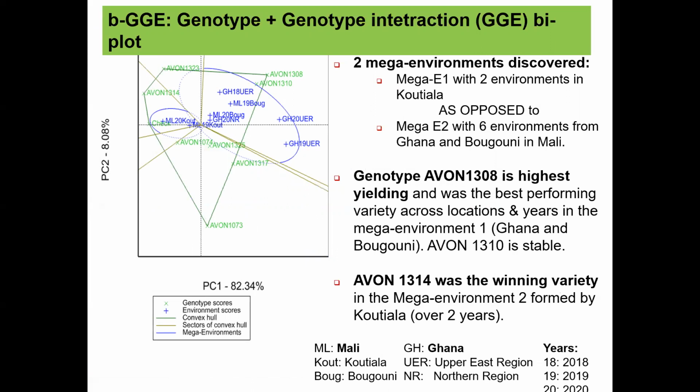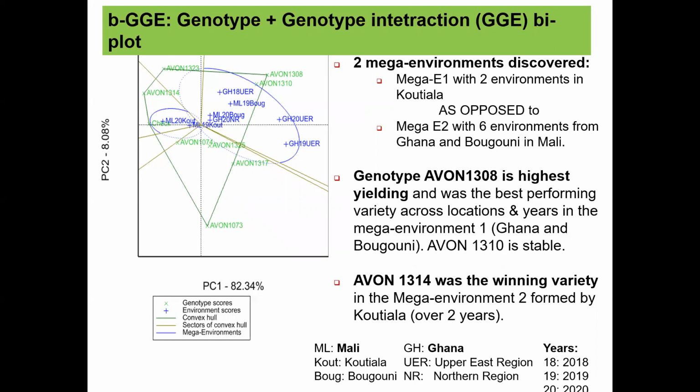The first mega environment was that including Koutiala, as opposed to the rest of the sites on the other side, including all Ghana sites and Bougouni in Mali. The mega environments are those sectors which comprise 1 or more sites. Northern region, Upper East region, and Bougouni are significantly and positively correlated.